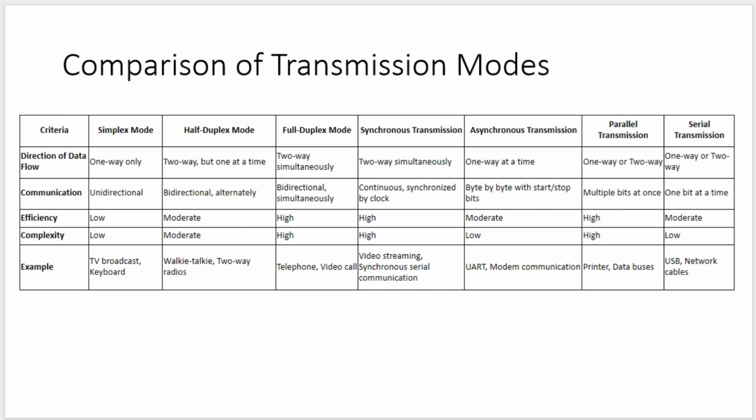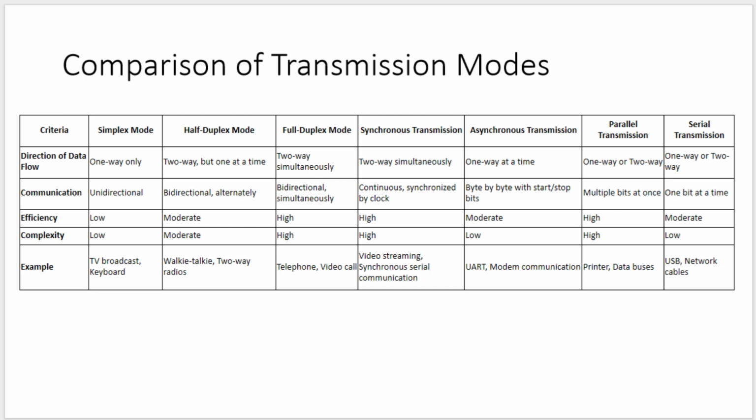Synchronous transmission is two-way simultaneously, and asynchronous one way at a time. Parallel transmission is one way or two way, and serial transmission is one way or two way.